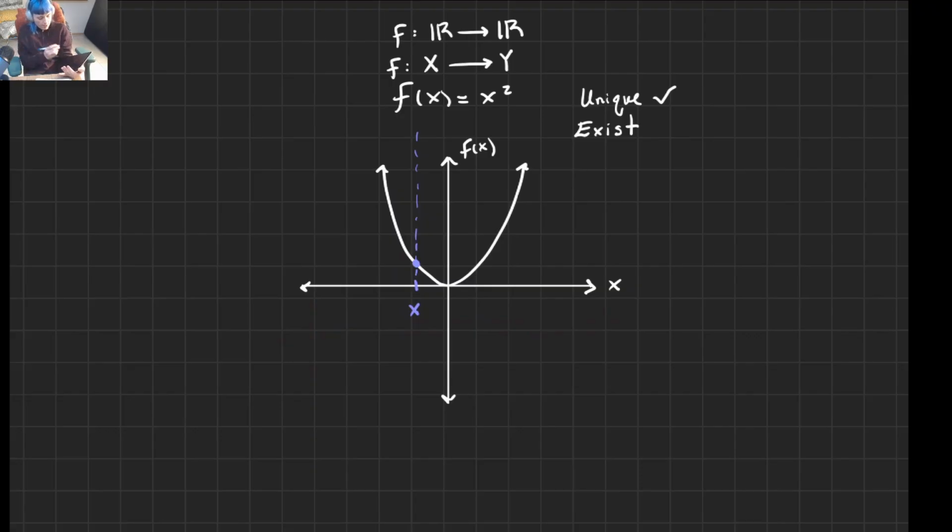What we mean by that is it doesn't matter what value it is, you are going to have at least one value correspond in the range.